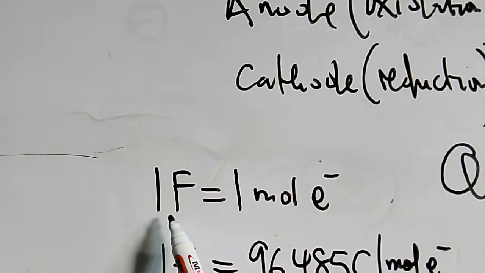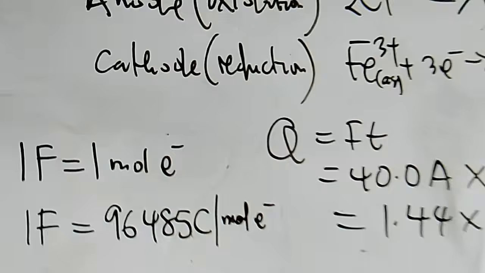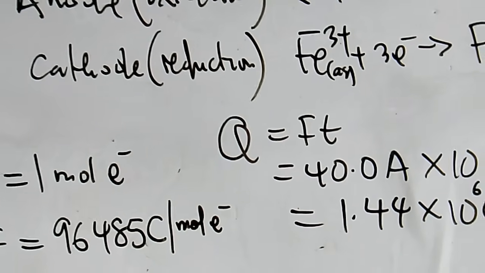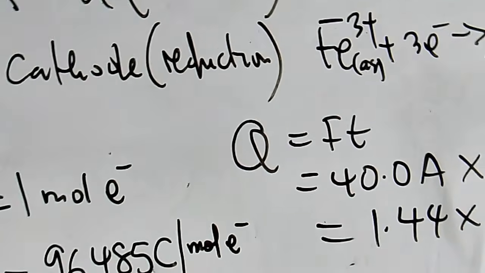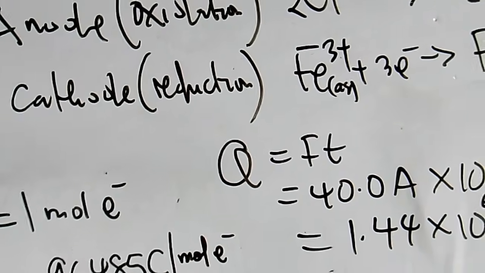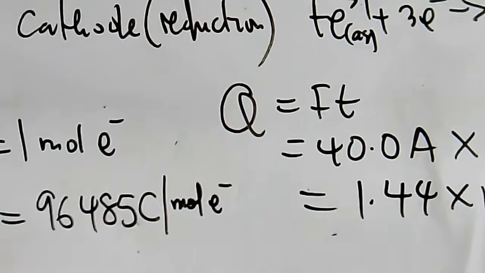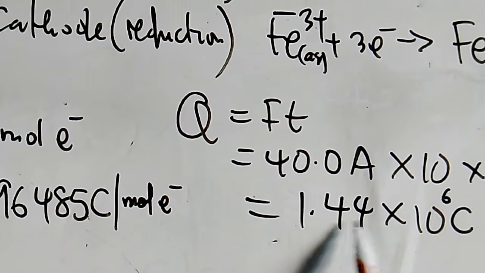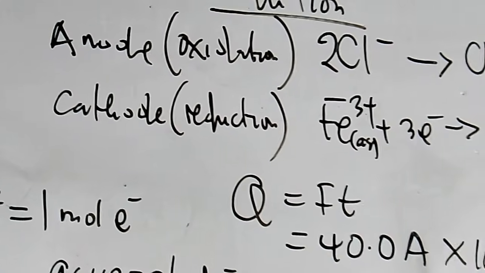Using this first relation, that 1 Faraday is equal to 1 mole of electrons, we can convert Faraday to moles of electrons. This is very straightforward to do. So we are now going to use this relation: 1.44 times 10 to the power 6 coulombs.